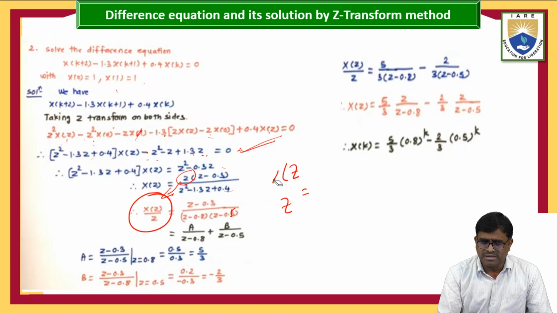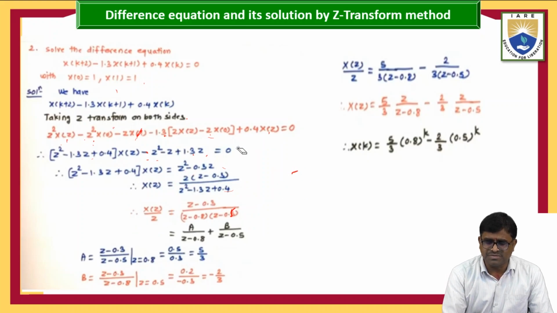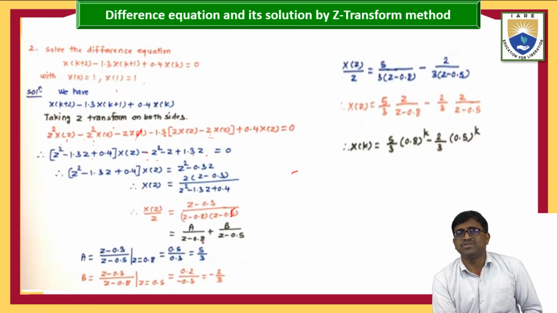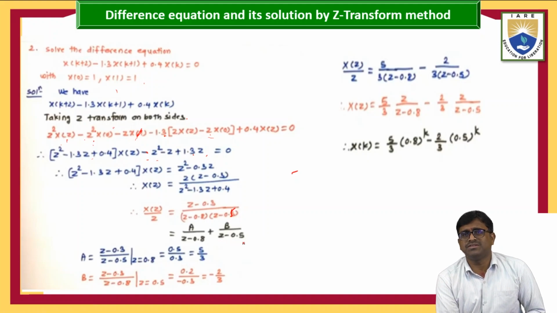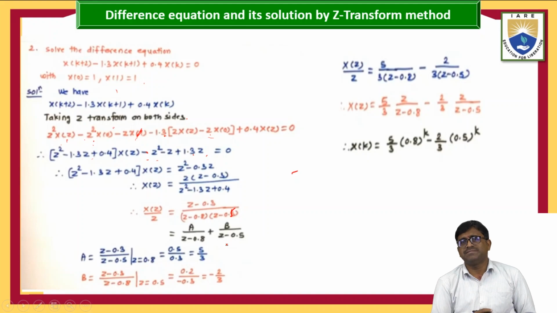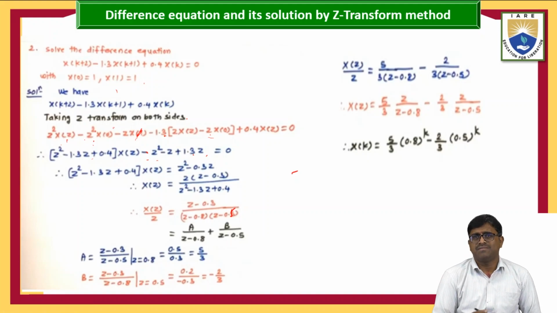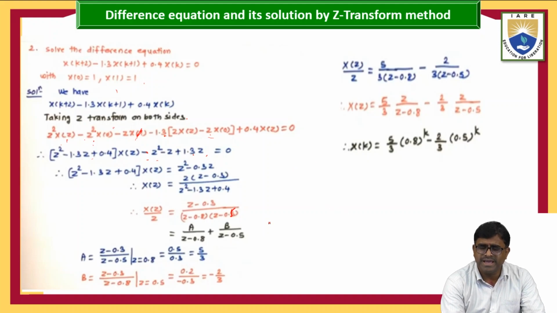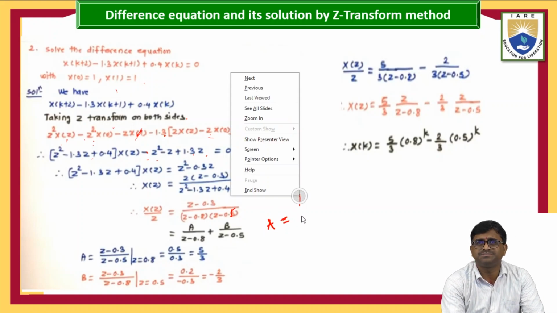So we are taking the partial fraction of this one, so it is coming as a by z minus 0.8 plus b by z minus 0.5. For finding a, how can you find a? a equal to, what is the total function?